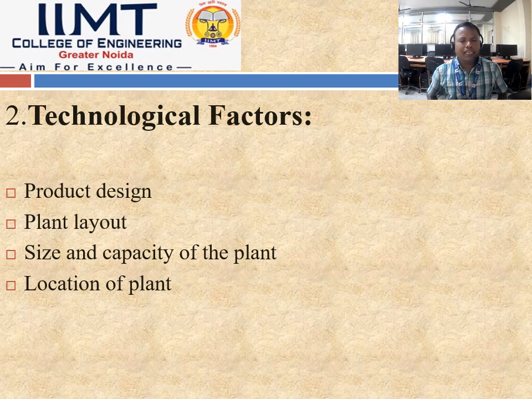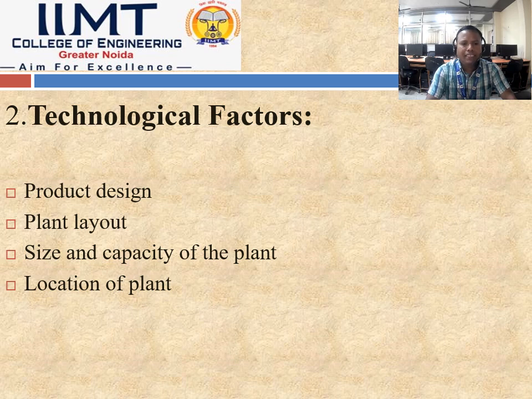Design of the product attracts the customers towards the product. Second one is plant layout. Plant layout plays a very important role by which you can reduce the manufacturing time.